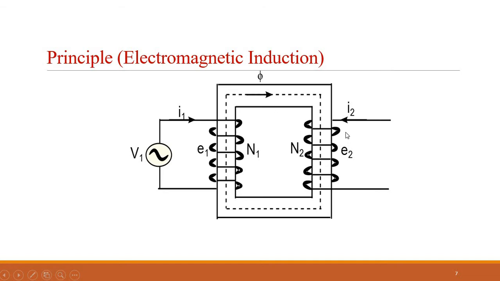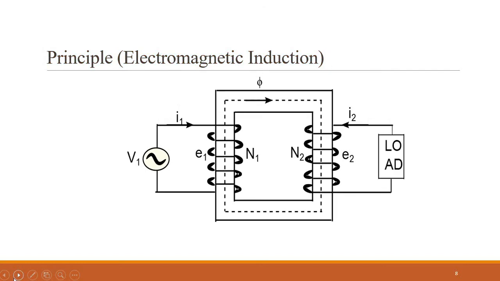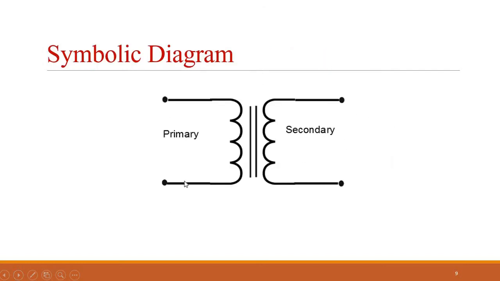Then this flux will link with the secondary coil, and EMF will get induced in this coil. So this is the working principle of the transformer. And then the symbolic representation. The transformer is symbolically represented by this symbol, which has a primary coil and a secondary coil.